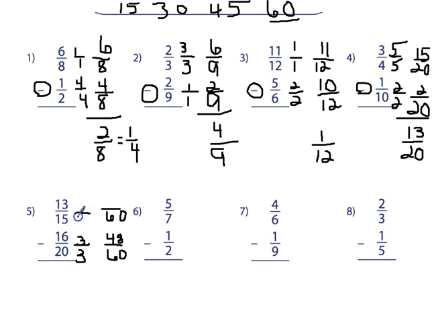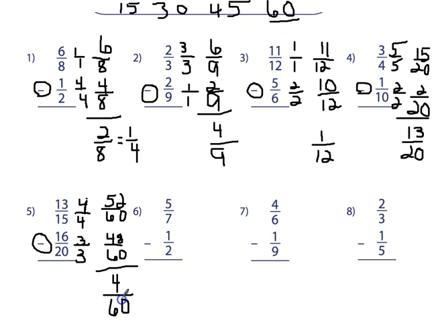Well, that would be 4. 13 times 4 is 52. And again, I'm subtracting. So 52 subtract 48 is going to be 4 60ths.